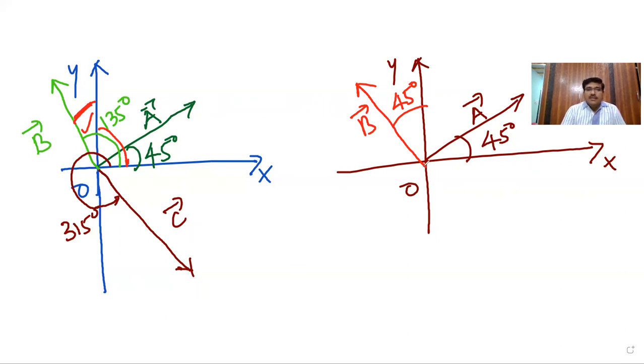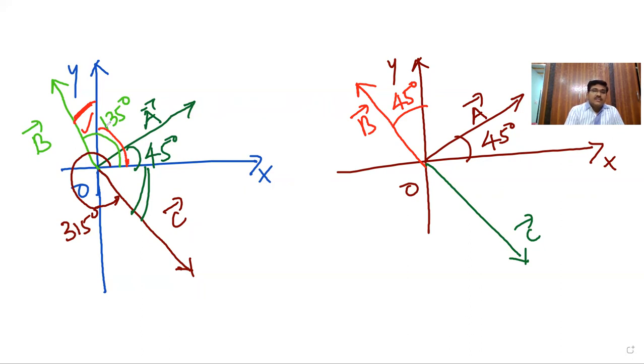Similarly, this is C bar. With respect to x-axis, it is completely making 315 degrees in this anti-clockwise direction.